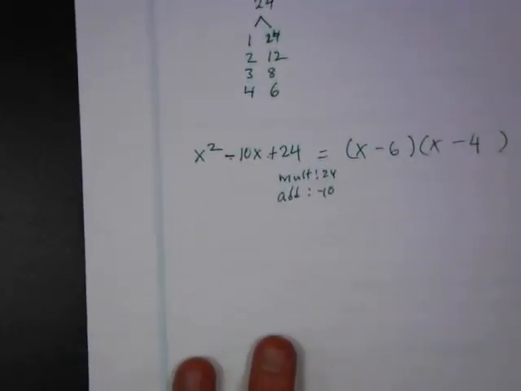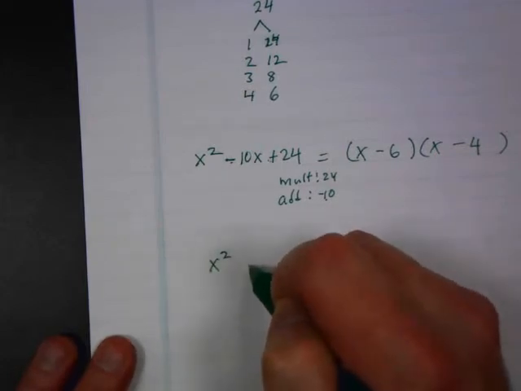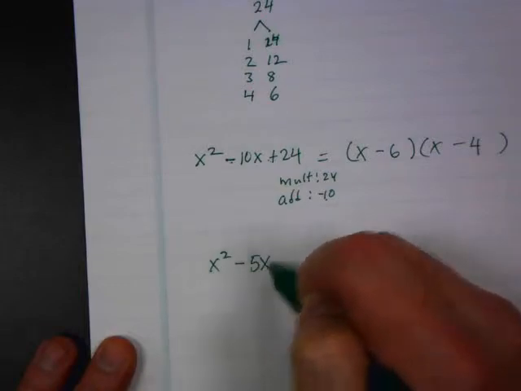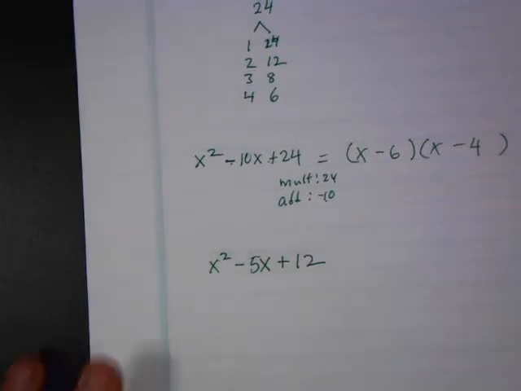All right, here's a good one. x squared minus 5x plus 12.